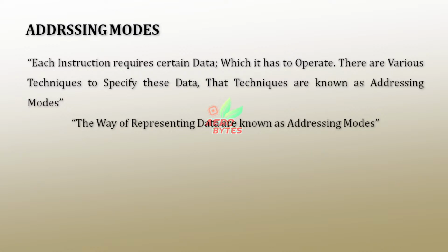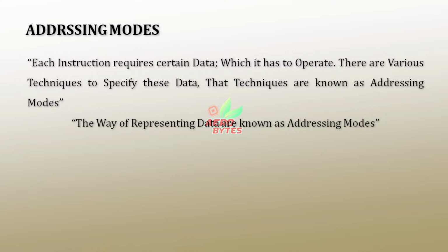The data could be in a register or in a memory, or an immediate value can be provided. These ways are known as addressing mode. Actually, the CPU can have some data. The data are to be maintained in a register or in a memory. The way of representing the data is known as addressing modes.